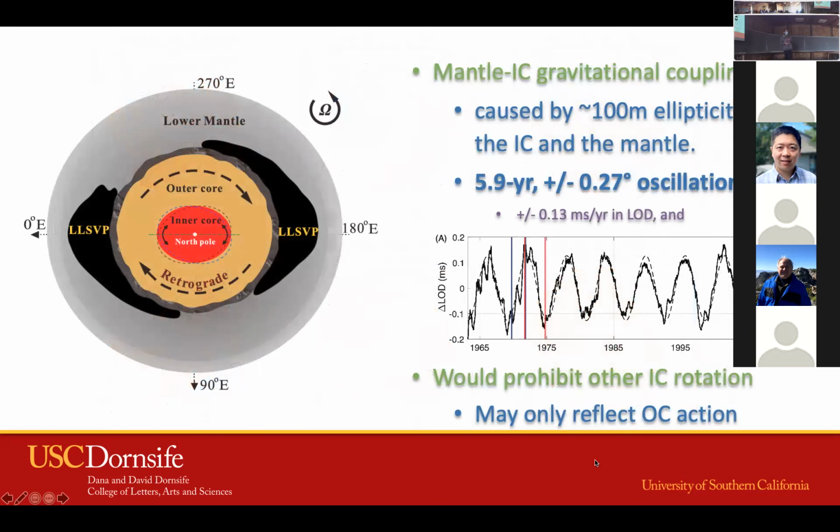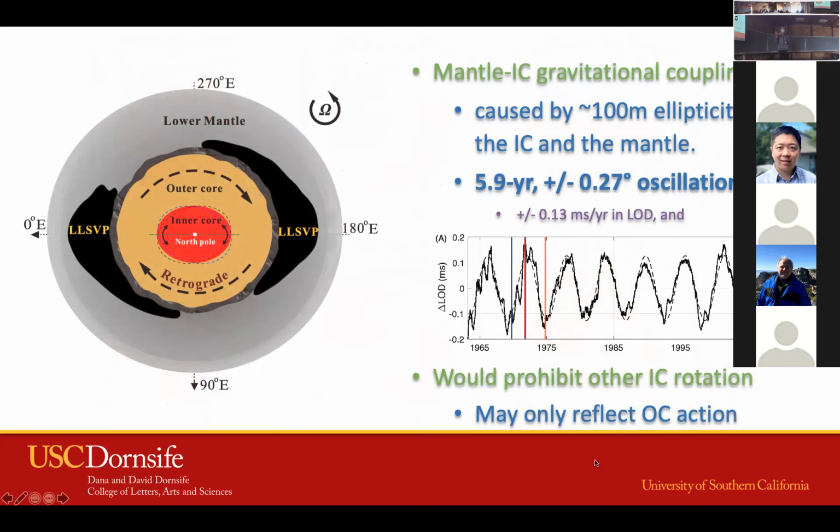Personally, I mostly trust this model. It's the inner core oscillation model, which was first proposed, I think, to interpret the length of day variation. It looks like the inner core oscillates.